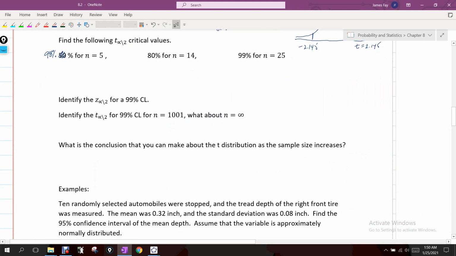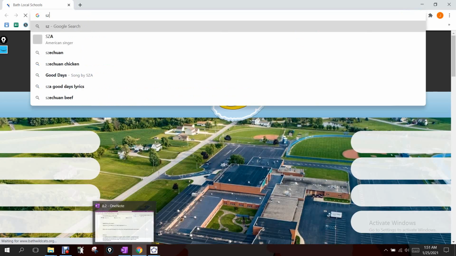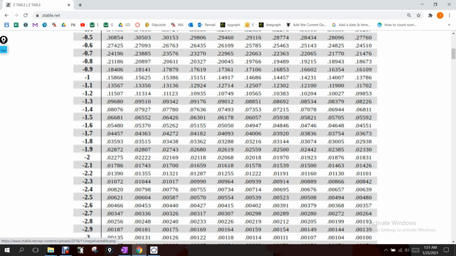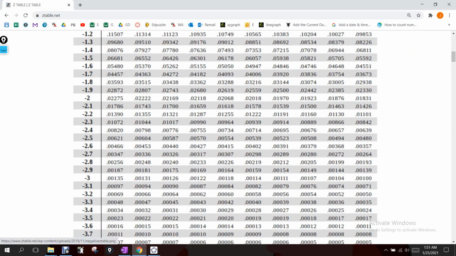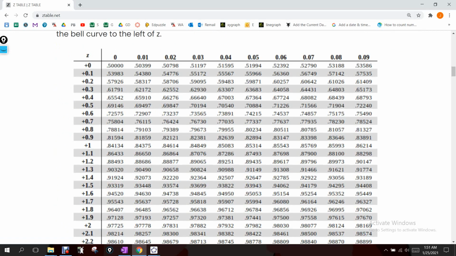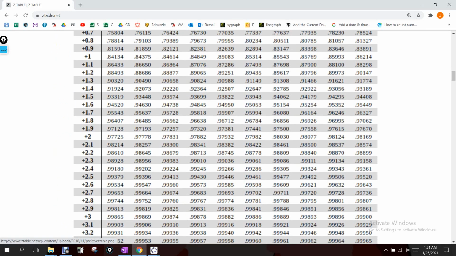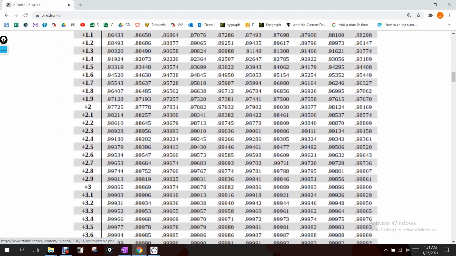Here it says I identify the z-score, z sub alpha over 2 for a 99% confidence level. My hope is that you guys remember what that is from memory, but if you don't, it's 2.58. But if we don't remember that, let's load a z table in here. I wanted a 99% confidence, so I'm going to find a z sub alpha over 2, which would be 0.005.